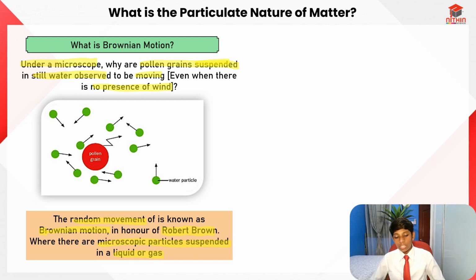You can see that water is a liquid, and before this the dust particles were in a gas, air. So you can see the phenomenon of Brownian motion by Robert Brown.